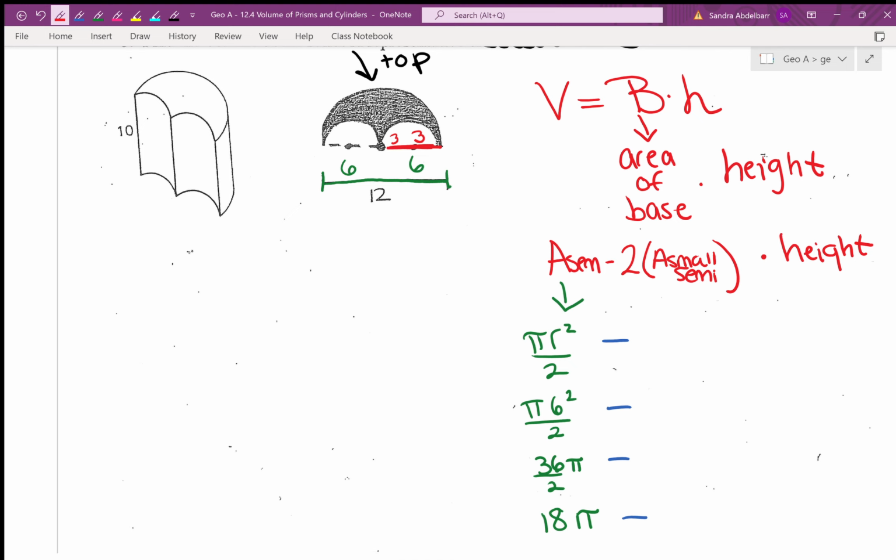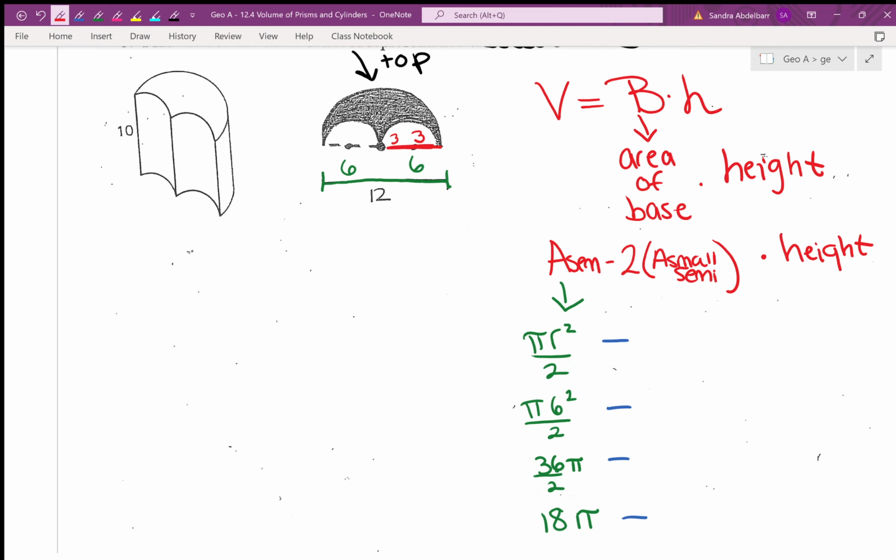What if these two semicircles make one full circle? Yes. So do you guys want me to find the area of each semicircle and add it together, or multiply by 2, or just do one full circle? What would you all do? I feel like I probably would have just times it by 2. Times it by 2, good.